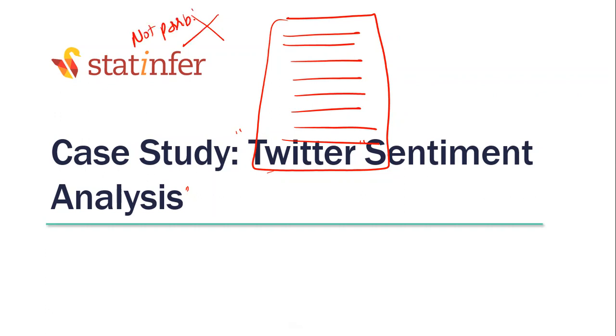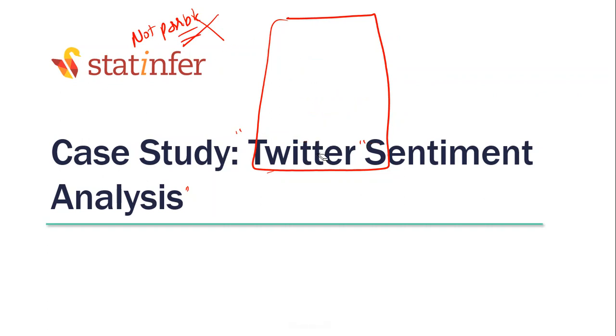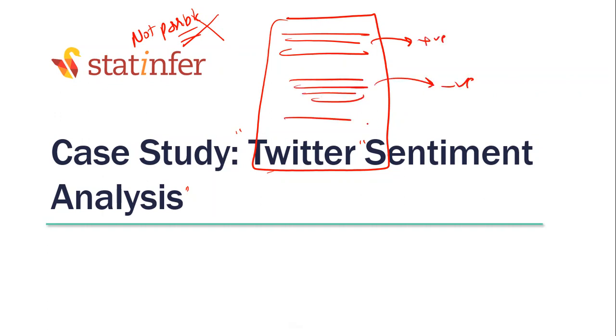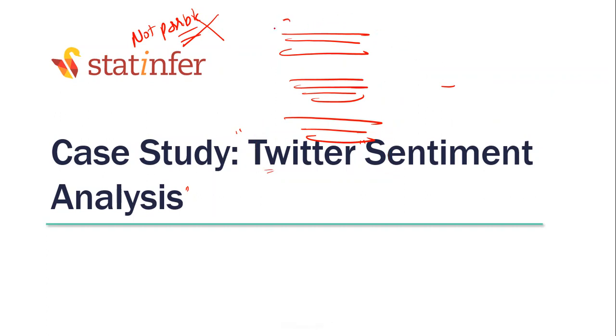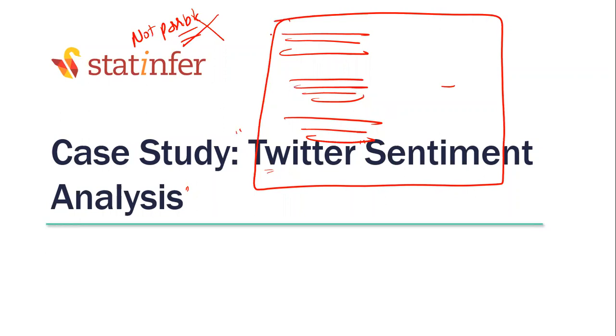Not possible. It is the same even with reviews. Let's say if you have review 1, is it positive or negative? Review 2, is it positive or negative? Review 3, is it positive or negative? Directly building a model that will give you these predictions is not possible. What you need is that the data we have should already have review 1 as input X, and Y should also be there for building the model.